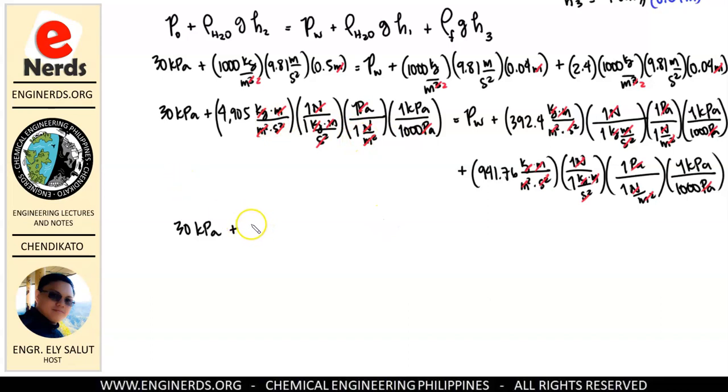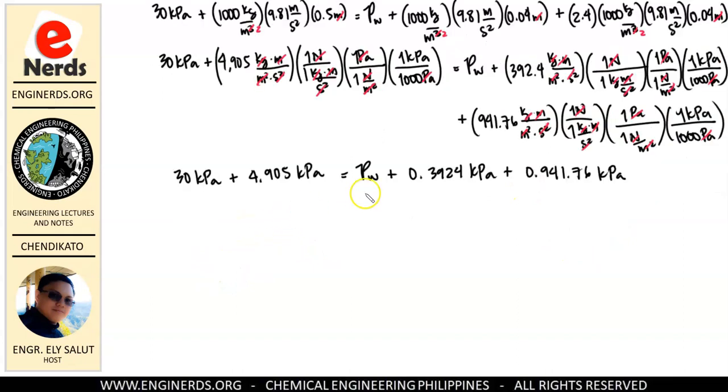So we have 4.905 kilopascal is equal to PW plus here 392.4 divided by 1000, so 0.3924 kilopascal, then plus 941.76 divided by 1000, so 0.94176 kilopascal. So therefore, we can now isolate our PW.